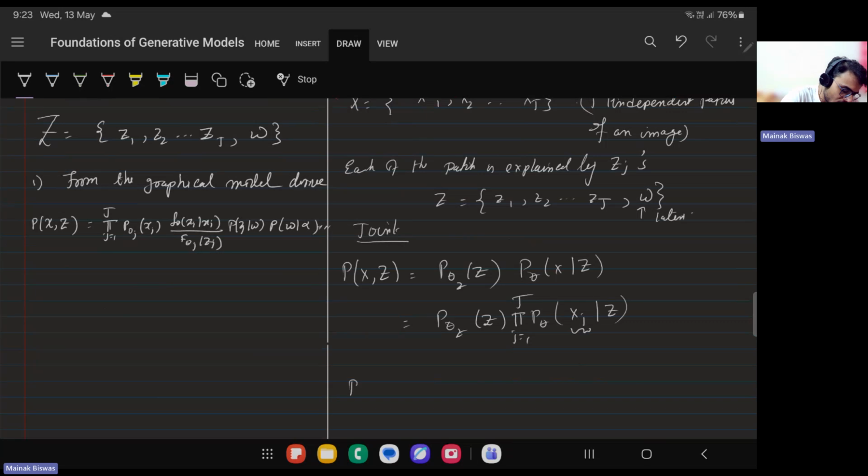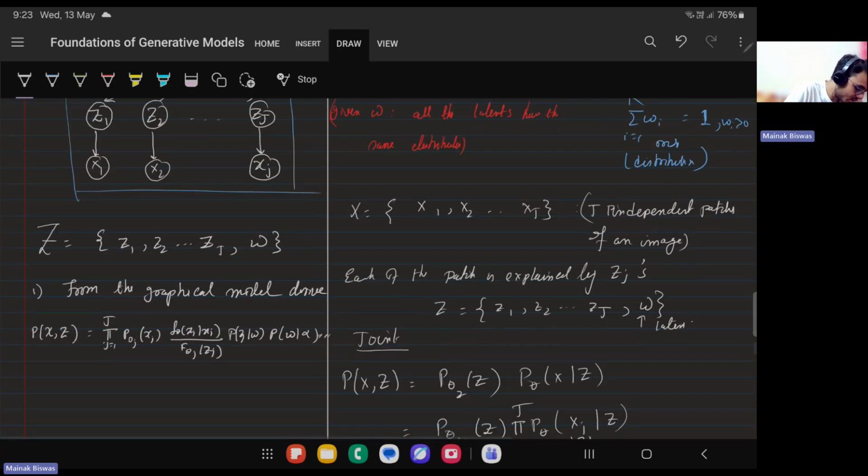So P theta of Xj given all Zs, Z1, Z2, dot, dot, dot, ZJ, and omega, is nothing but P theta of Xj given Zj, right?